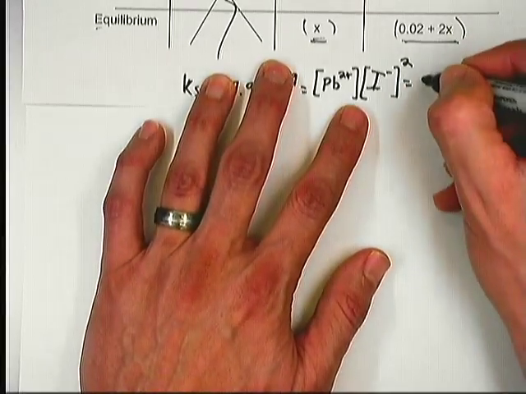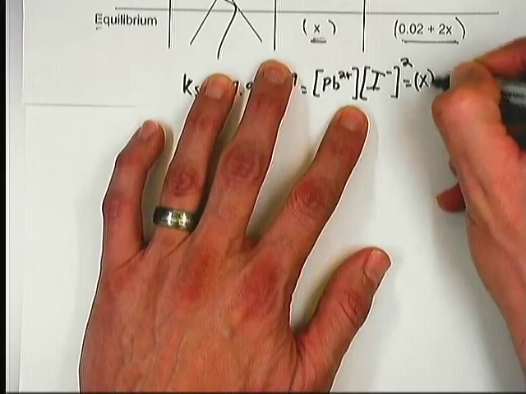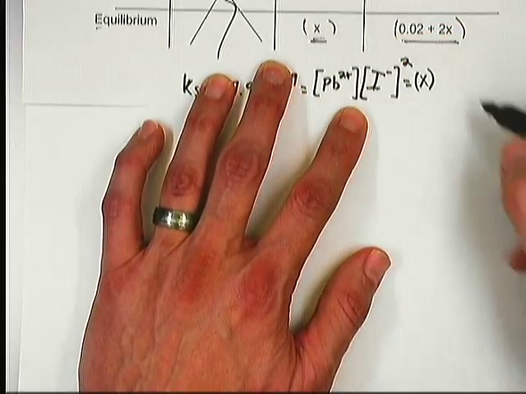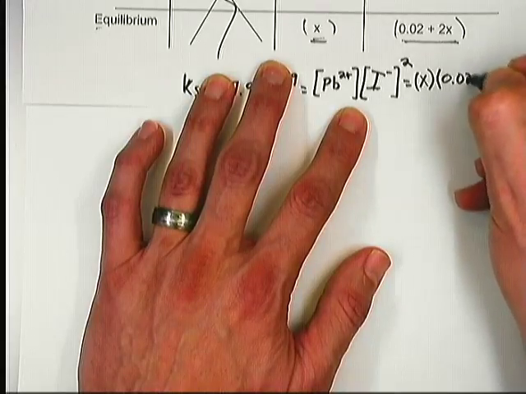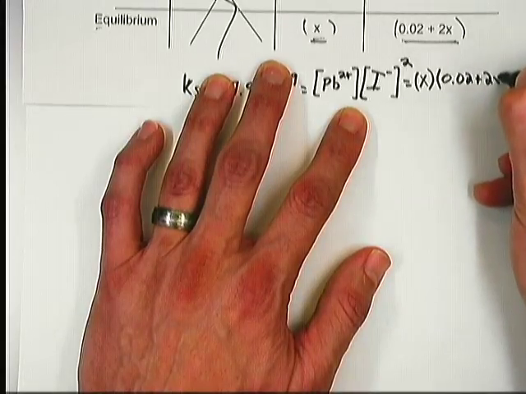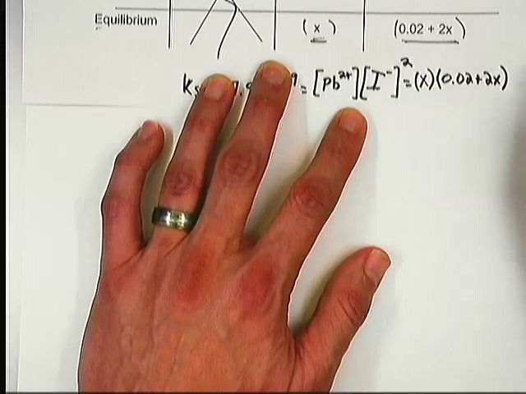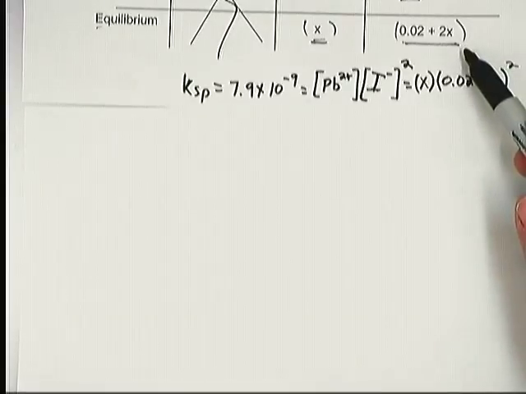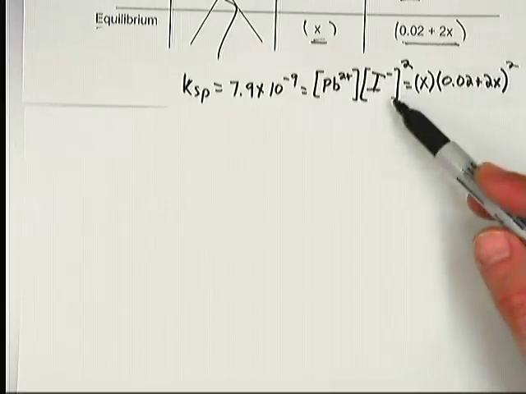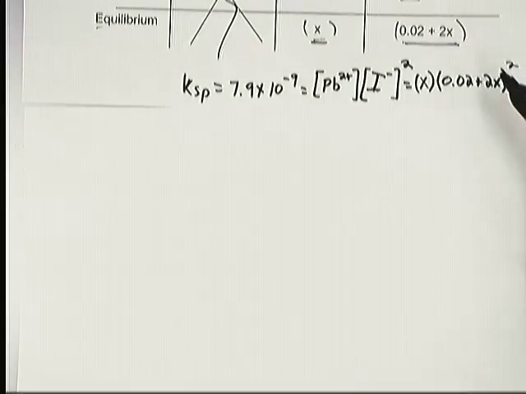So with that said, I could rewrite this expression as x, which represents my lead concentration, and 0.02 plus 2x squared, because that is what represents my iodide concentration. Of course, all these again are the expected equilibrium concentrations. Alright, you see how that works?